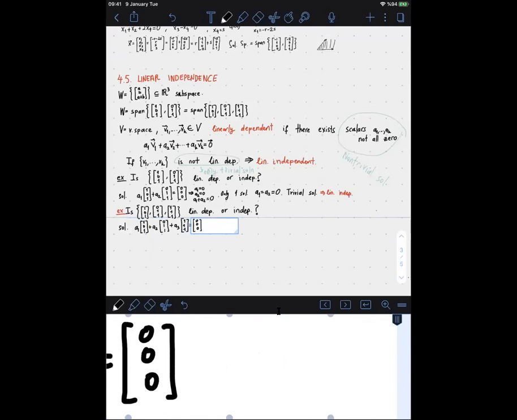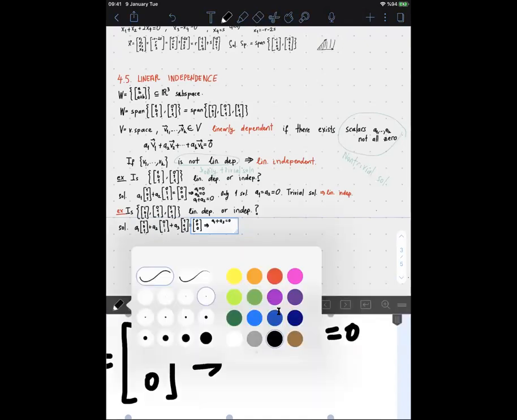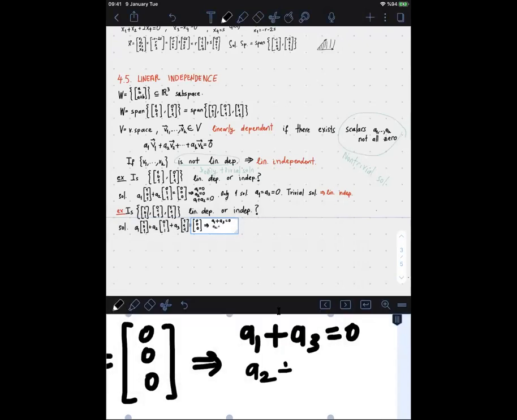Now what are the equations? In this case, the equations are a1 plus a3 is 0, then a2 plus a3 is 0, the second line, and the third line says a1 plus a2 plus a3 is 0.